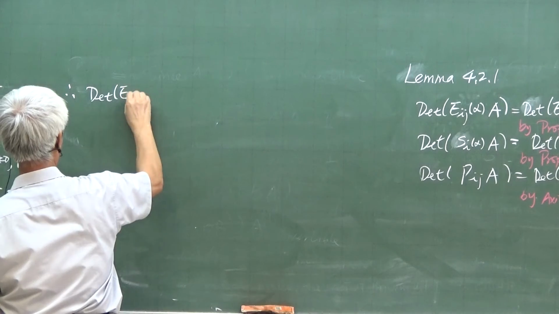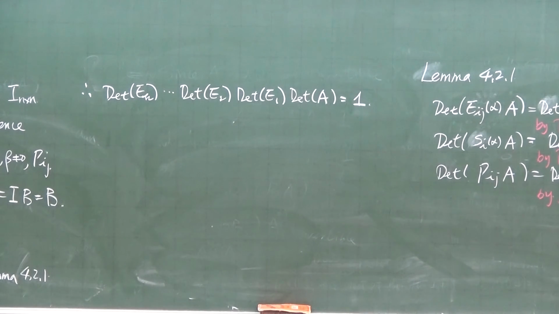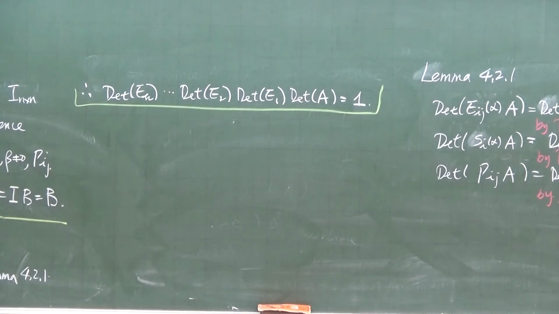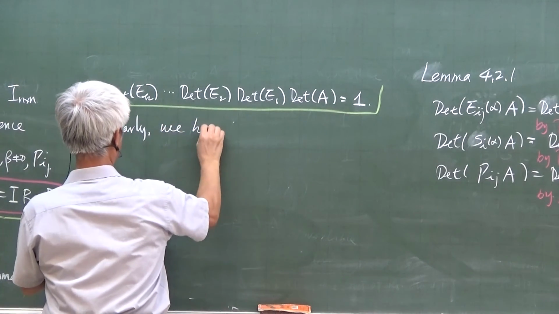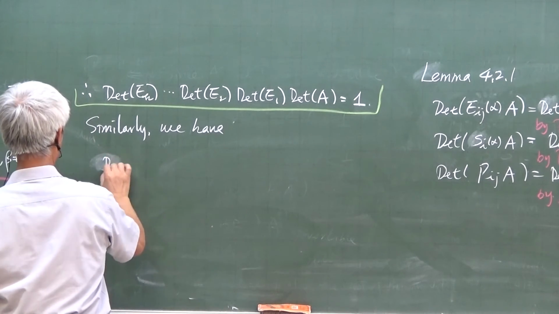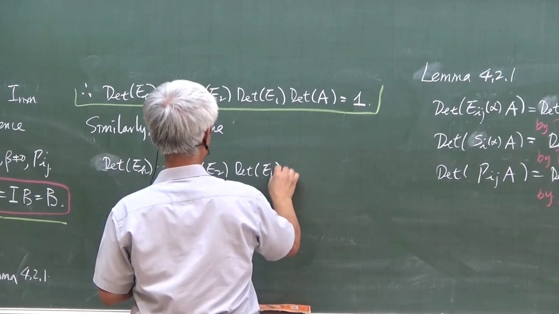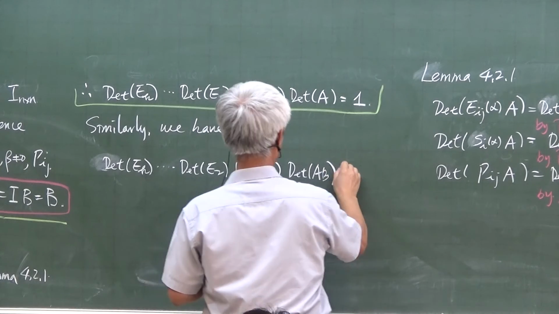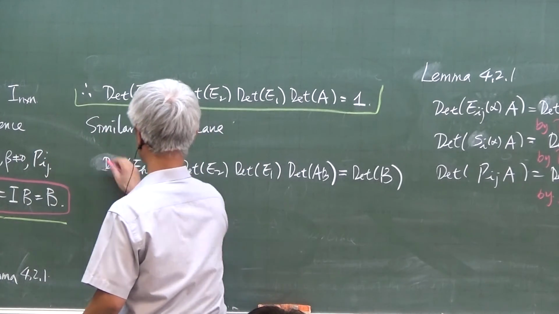So the conclusion is that the product of the determinants of Ek up to E2, E1 times the determinant of A is 1. Now from this identity, similarly, we have the determinants of Ek, E2, E1 times the determinant of AB equal to the determinant of B. So you get what?